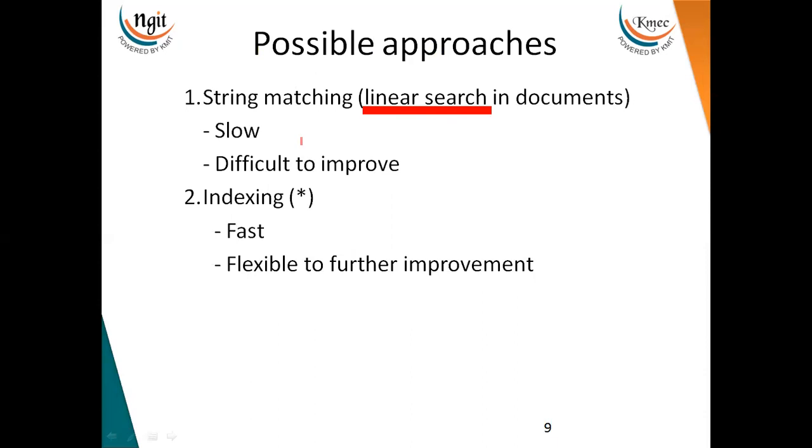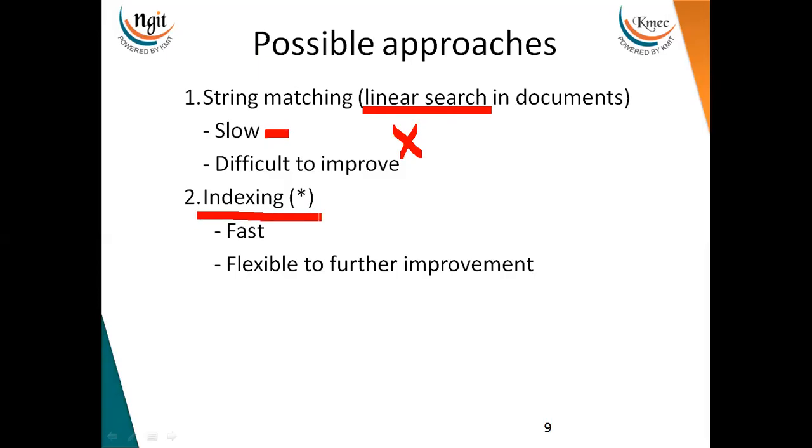But whenever I go by the linear search approach, in millions of documents, going document by document, it will be a slow process and difficult to improve. That's why I don't prefer this option. Then I will go for a fast approach, which is possible using indexing.